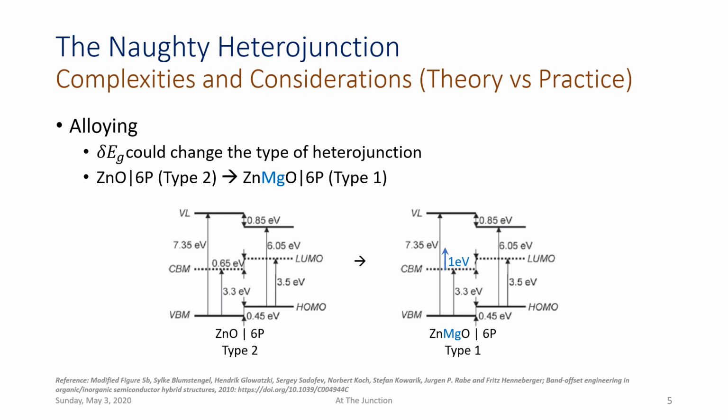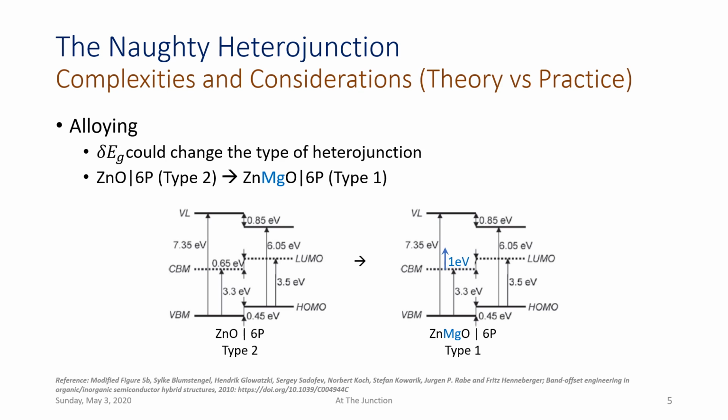The third consideration is alloying. And we do know that alloying could change the band gap of the material that is being alloyed. In case of heterojunctions, this could possibly change even the type of the heterojunction. So we are trying to analyze the figure given on the slide that's taken from the reference given below on the slide as well.